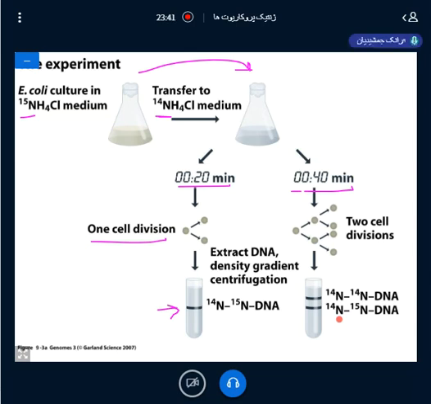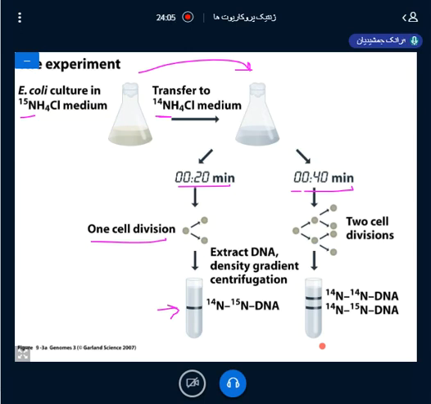I told you this is the experiment that we want to show which type of replication is true. We didn't know before whether replication is conservative, semi-conservative, or dispersive. This is the experiment which shows us which type is correct.